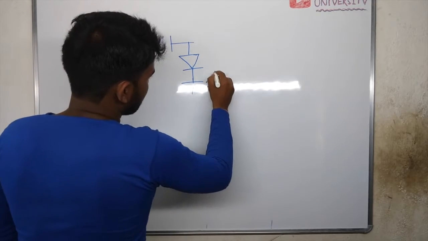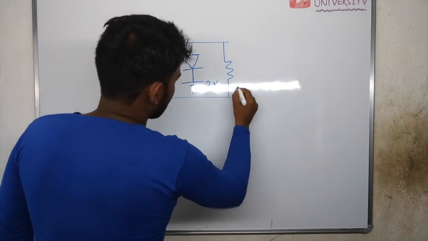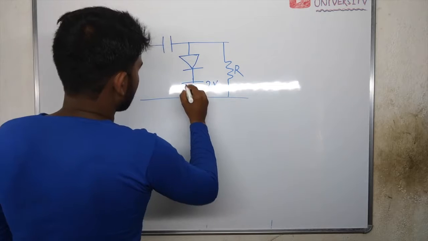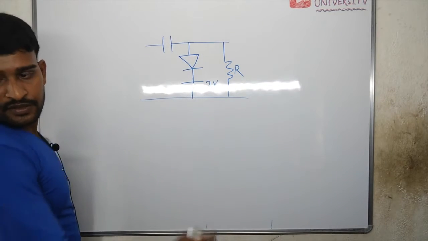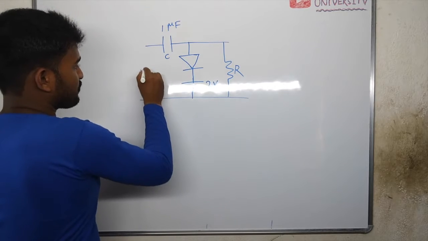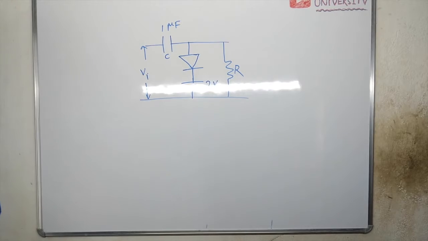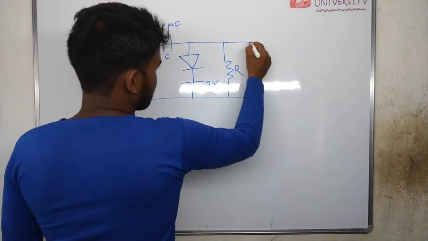This is 2 volt, and in parallel some resistance R is connected. Some capacitance value is given to be 1 microfarad. This is your input voltage, and this is your output voltage V0.